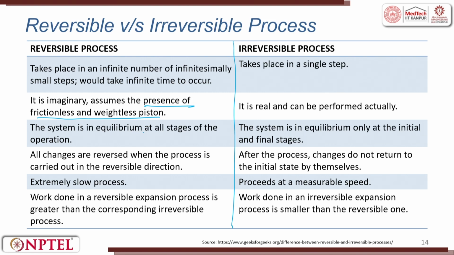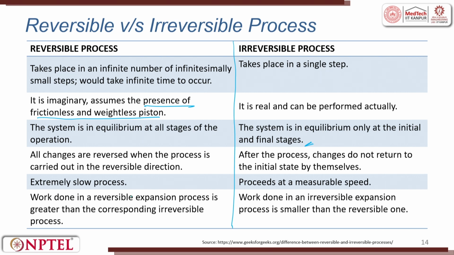In a reversible process the system is in equilibrium at all states of its operation. Here, in an irreversible process, the system is in equilibrium only at the initial and the final state. In a reversible process, all changes are reversed when the process is carried out in the reverse direction. Here, after the process, the changes do not return to the initial state by themselves. Reversible is extremely slow; irreversible proceeds at a measurable speed in reality.